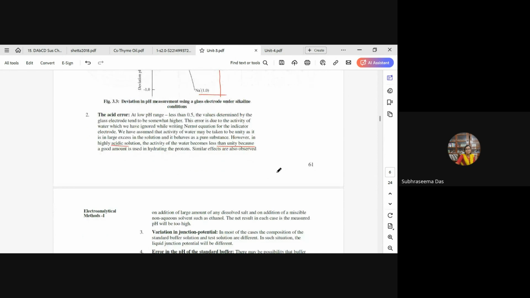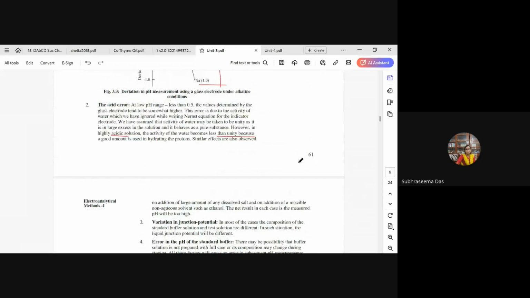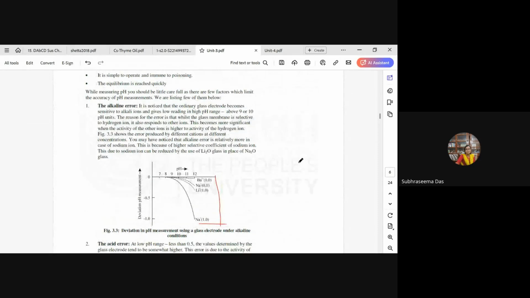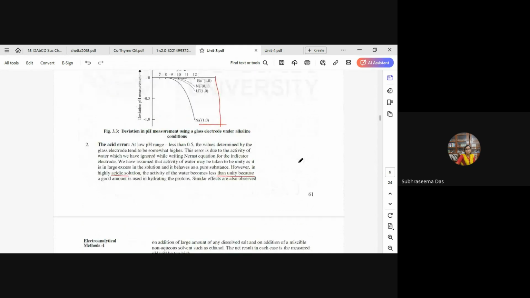Similar effects have also been observed on addition of a large amount of any salt or any non-aqueous solvent such as ethanol. So the net result in this case is that the measured pH will be very high. That means it will be a very highly acidic solution. Then there is another error that has been associated with some of the problems.